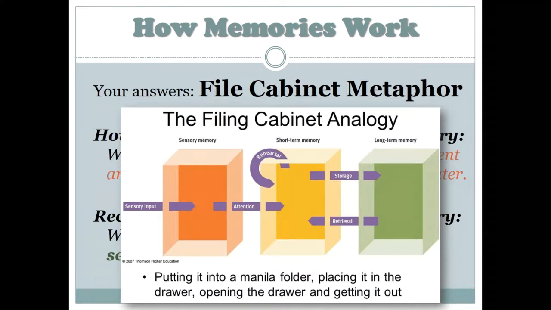I just pulled it off of the web. It's a filing cabinet memory. You have instant sensory inputs, all your sensory experiences, that turn into short-term memory. And then you only store some of your short-term memories as long-term memories. And then they just get stored in the back, and they're there for you to replay later as you need.